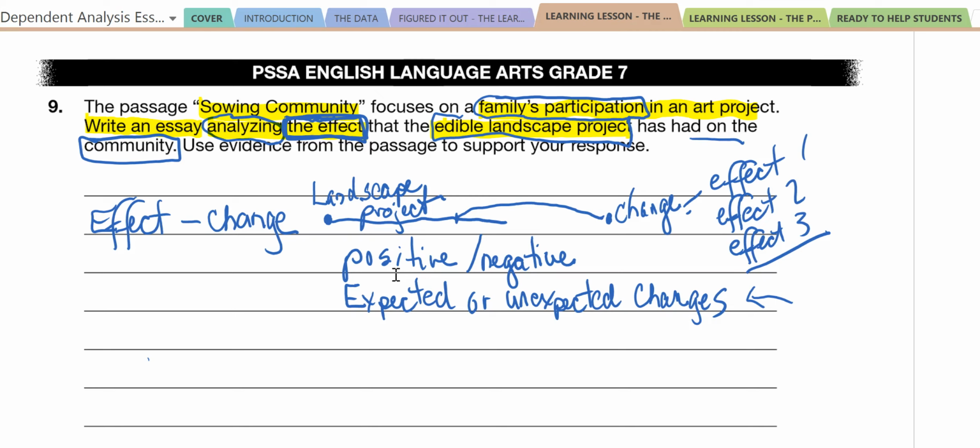For example, you might say something like, the effect was people were more helpful. And then you'd have a statement or two from the passage that explains neighbors who were coming over and helping to pull weeds from the garden. And that would be one of the possible effects.